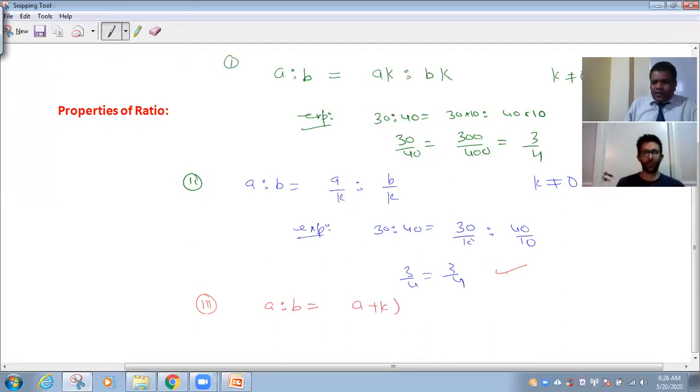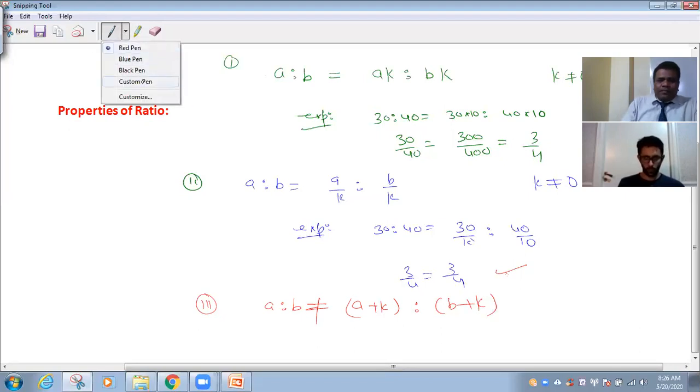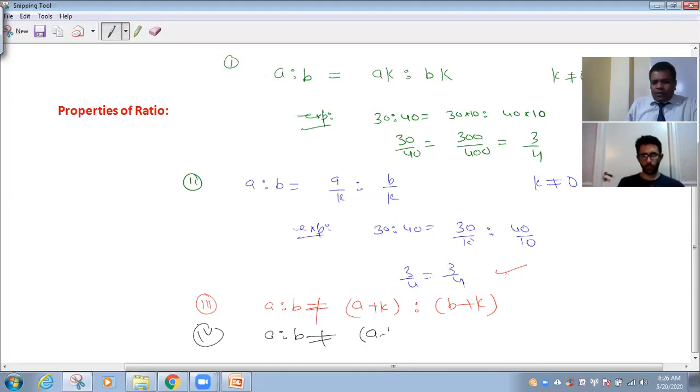So A is to B may not be equal to A plus K is to B plus K. Similarly, in the fourth case, A is to B may not be equal to A minus K is to B minus K.